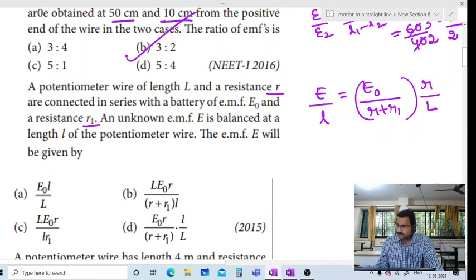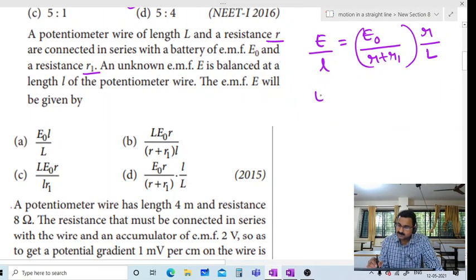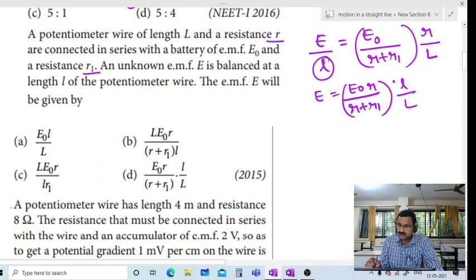Now what they are asking from that is the E value. Cross multiply. That R also goes inside, and L divided by this L I am sending to that side, nothing else I have done in that.